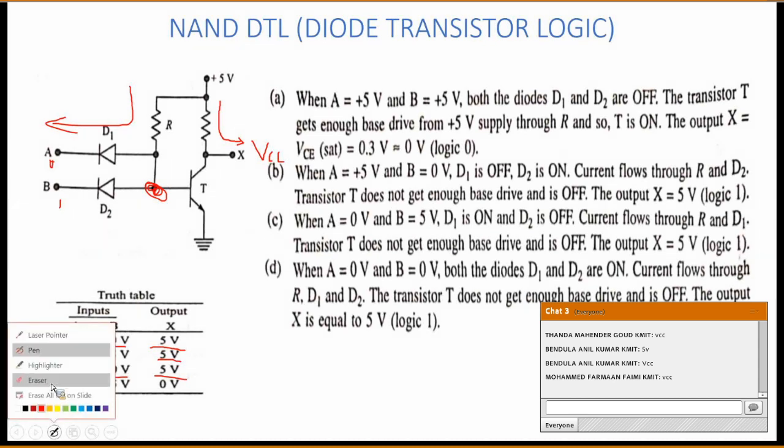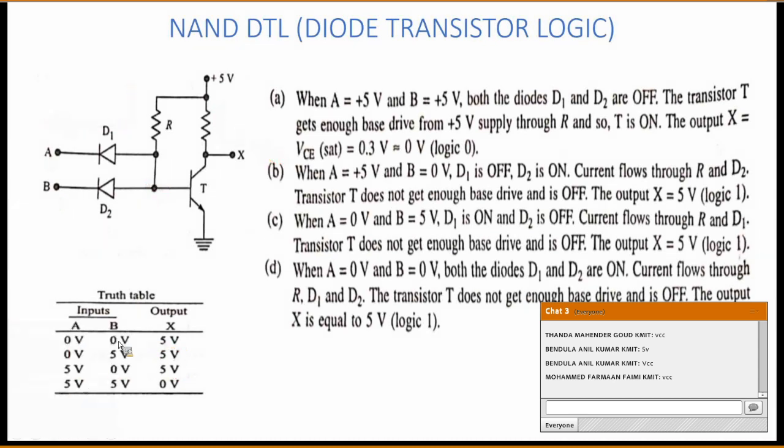Now the point is, when both are 5 and 5, what happens? When both are 1 and 1, that is both are given logic 5 volts, then for both the diodes the anode is given a 5 volt supply and the cathodes are also at 5 volts. So it is almost zero bias and we will consider it as reverse bias.